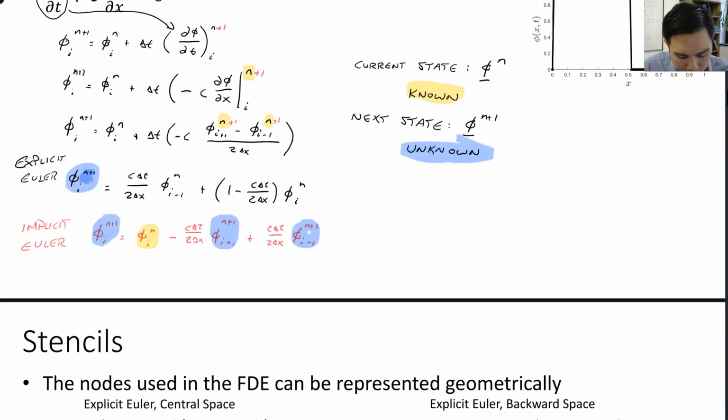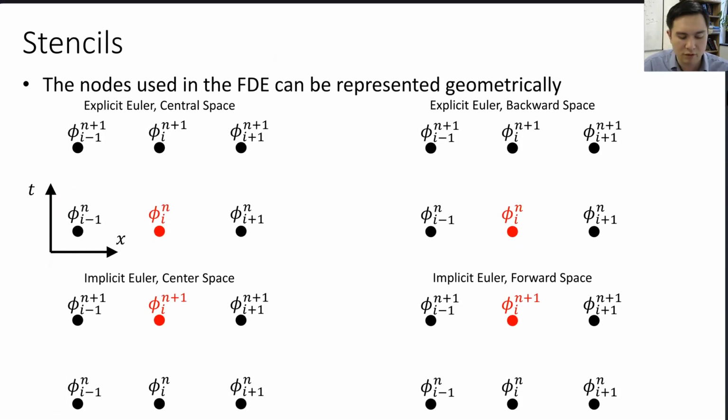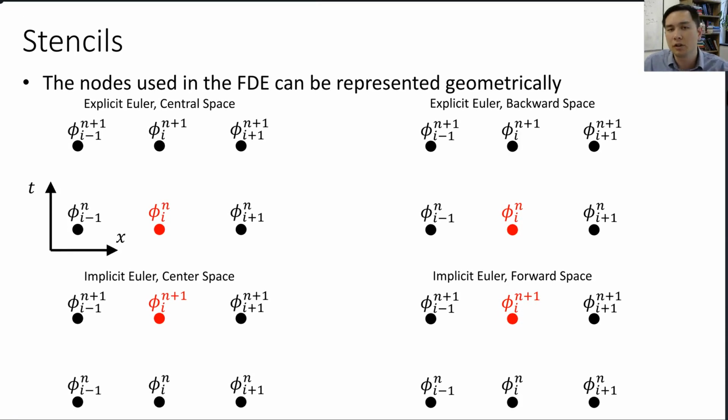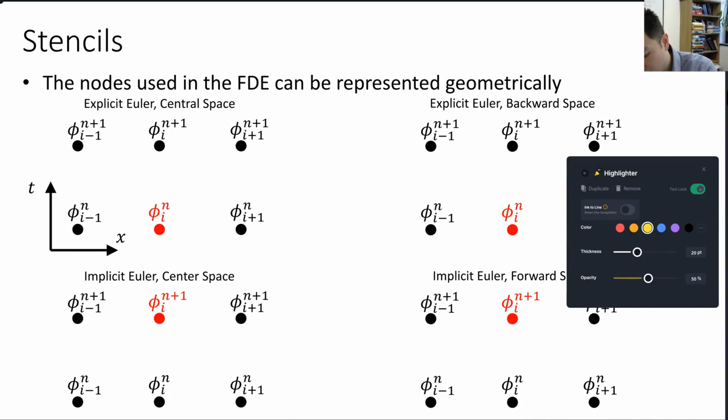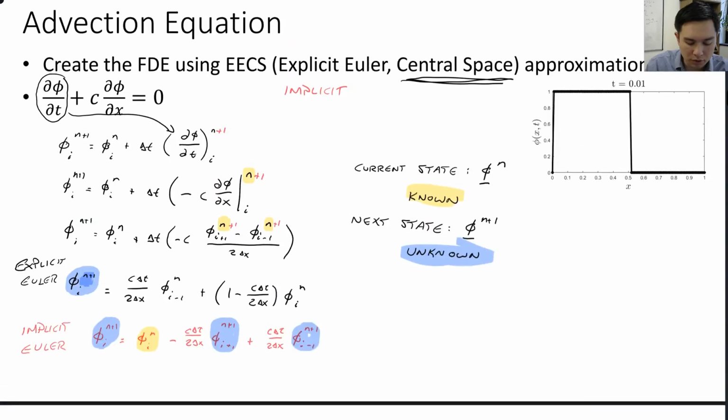The final thing I want to discuss is the idea of a stencil. And so a stencil is sort of a visual representation of what nodes are being used for a particular scheme. So we just looked at the explicit and implicit Euler methods and applied a centered space approximation. So for the explicit Euler scheme, what terms do we use?